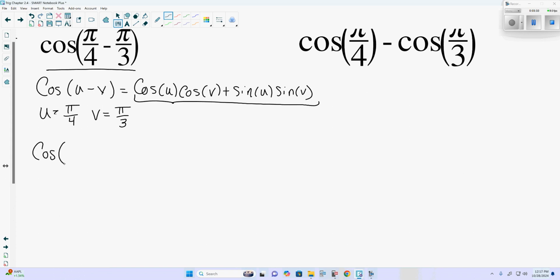So we start off with cosine of u, so cosine of pi over 4 times cosine of v, which is pi over 3, plus sine of u, pi over 4, times sine of pi over 3. Questions on this so far?